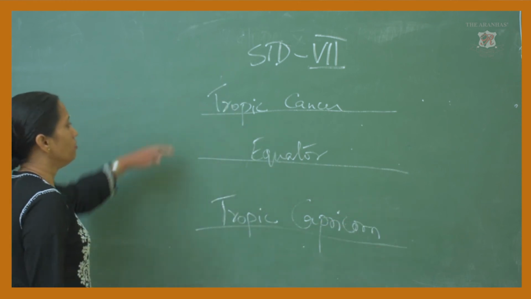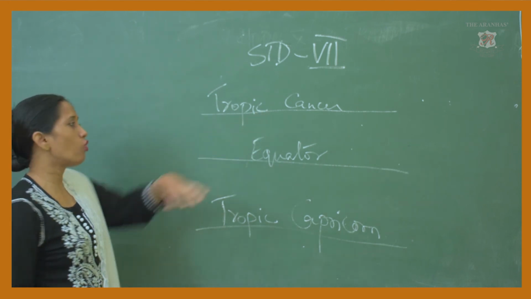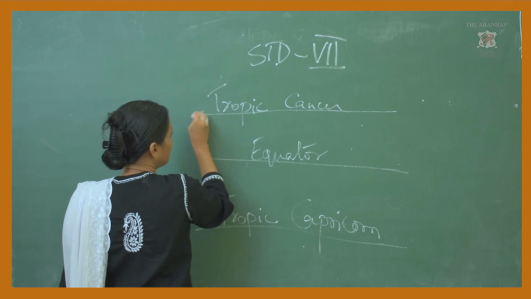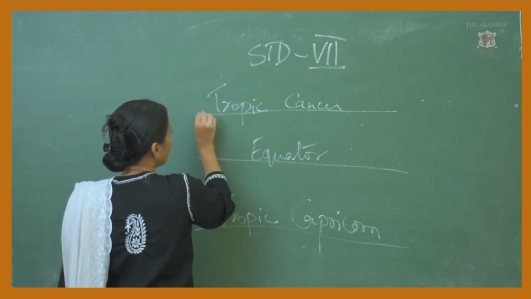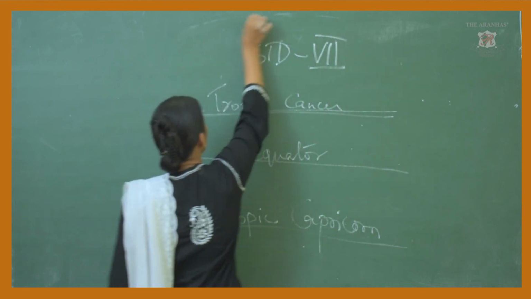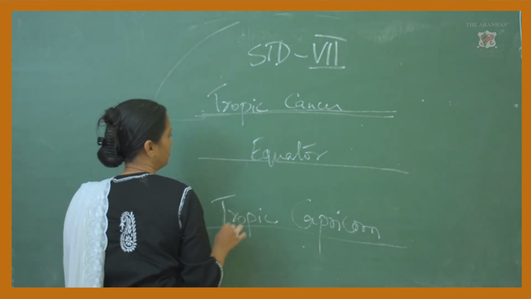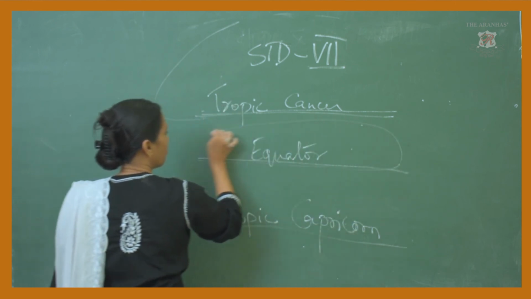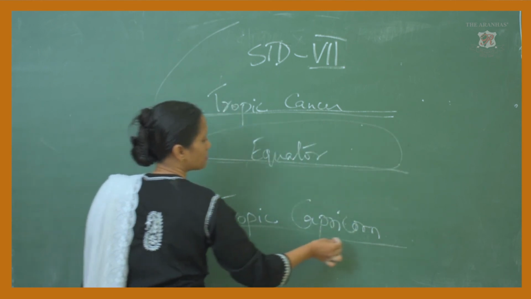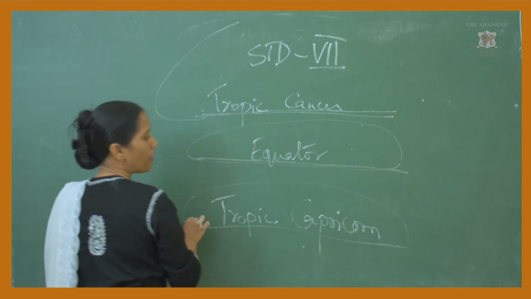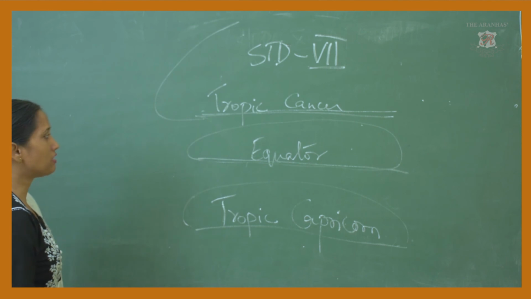Now, since it's a globe and this whole thing takes a big round, if the Tropic of Cancer starts from here, it would take a huge circle and come over here. Same way with the equator going round the globe, and the same with the Tropic of Cancer going round the globe and making a circle.